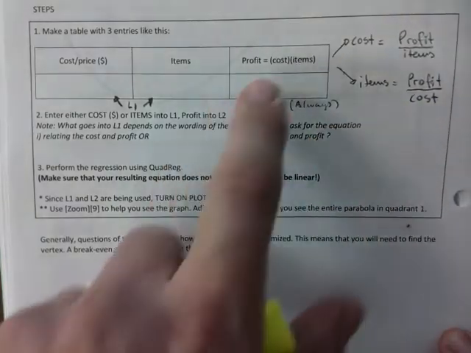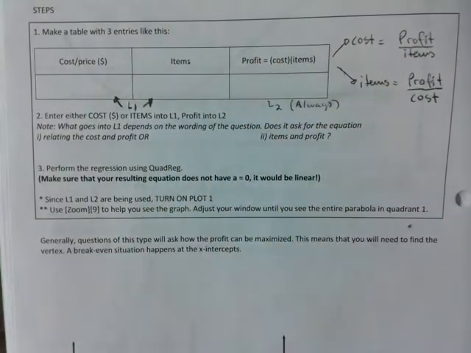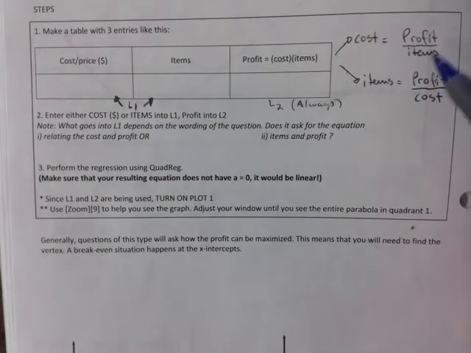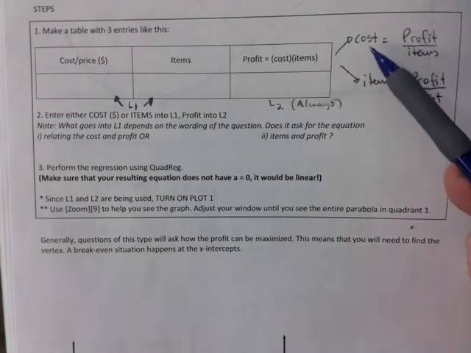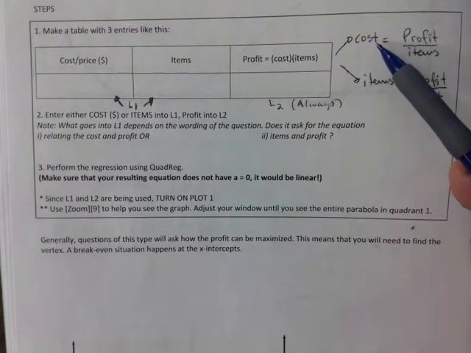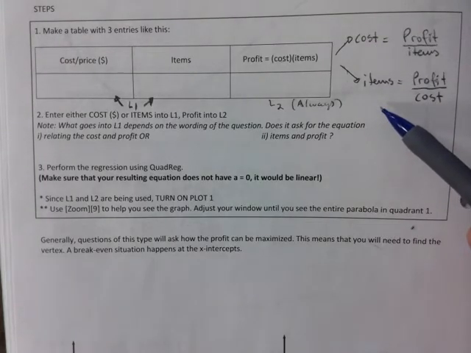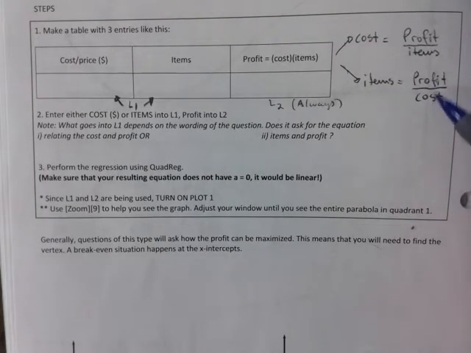From this, we can also deduce those two. If you know your profit and the number of items sold, just divide them to get how much you paid per item. And if you know the profit and the cost, then you just divide them to get the number of items sold.